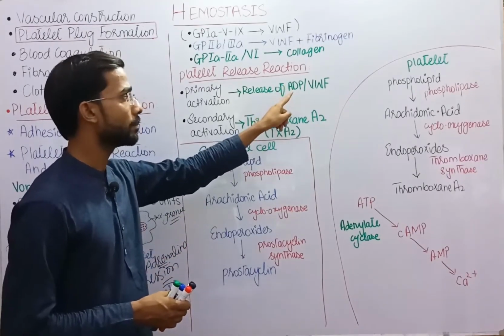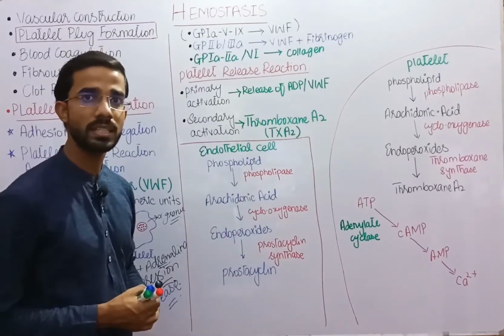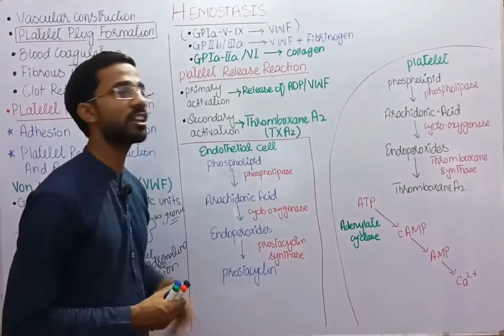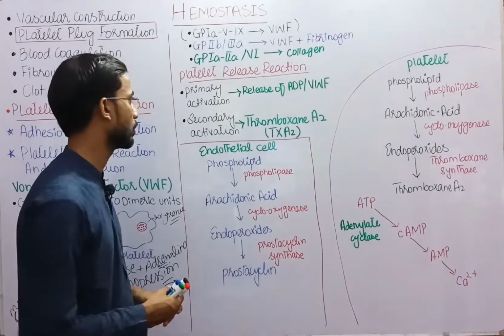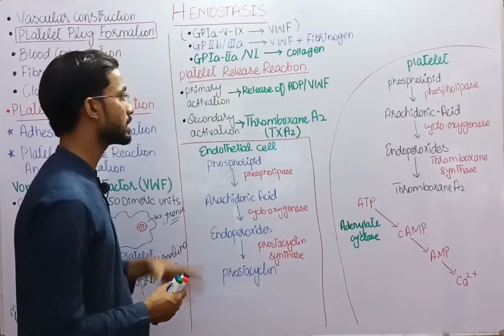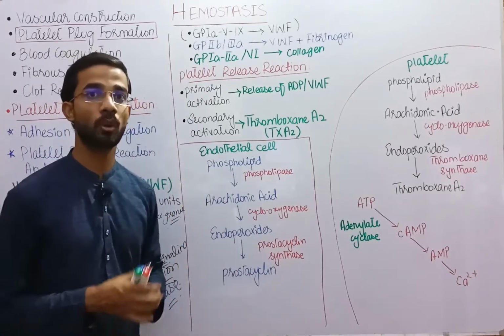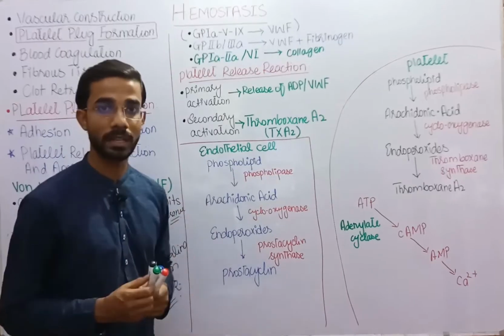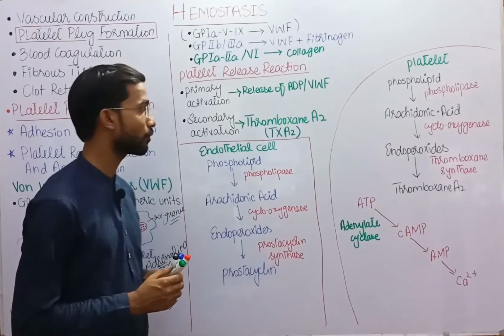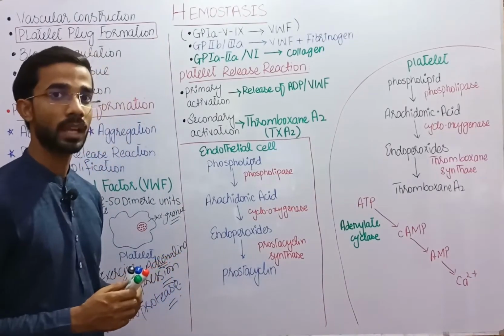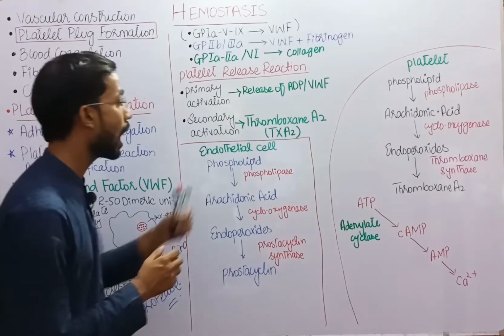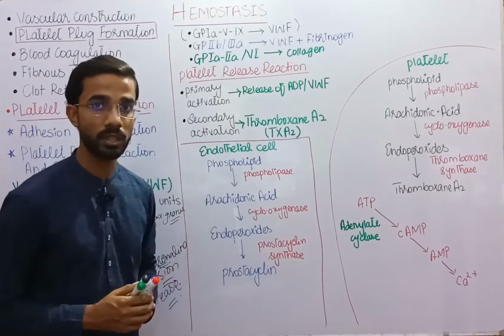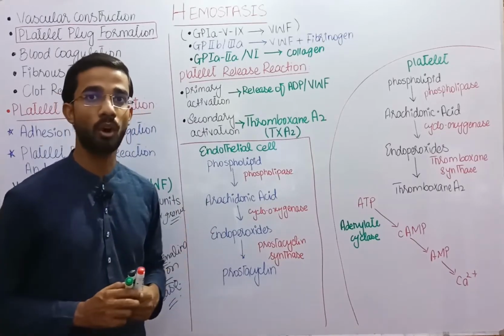ADP is present in the electron dense granules and the von Willebrand factor is present in the alpha granule. Secondary activation is basically the formation of thromboxane A2, which attracts the other platelets for the formation of the plug, right?